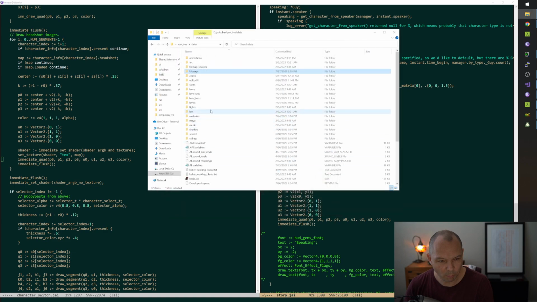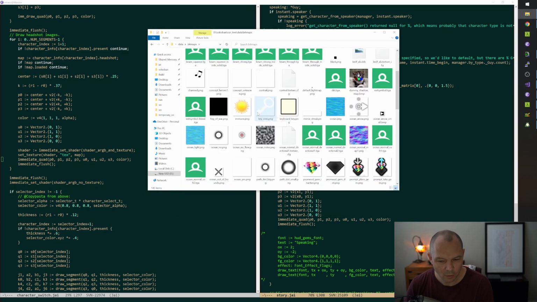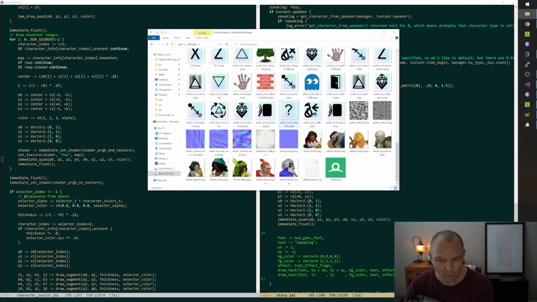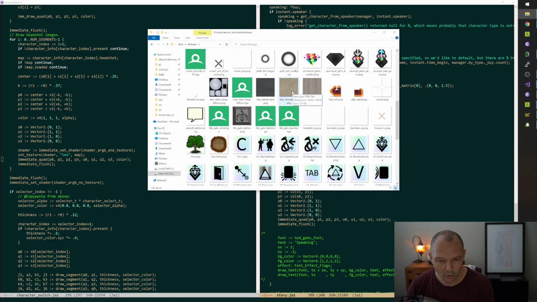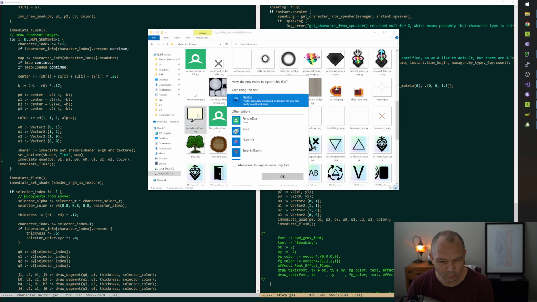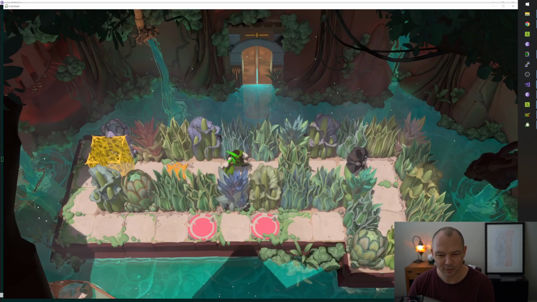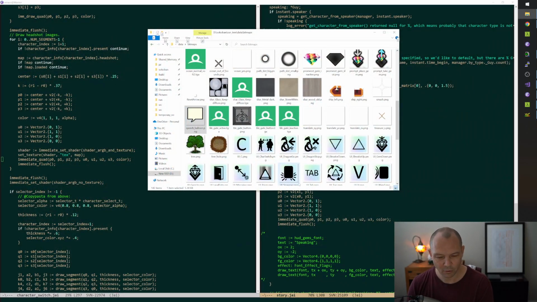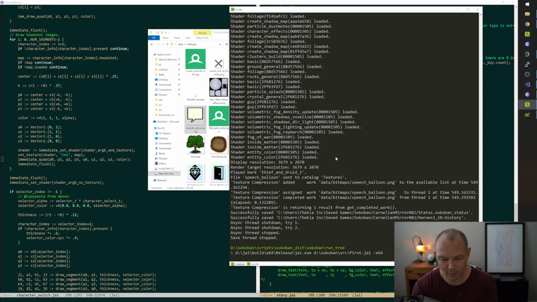Check it out, guys. Bitmaps. Speech SS. Speech balloon. Look at that. You can only kind of tell that it's horrible. All right. So, I don't remember if we recompiled here.